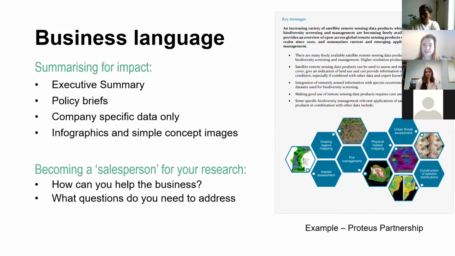So your findings may be very different if you have a mining company as to an infrastructure company. So just understanding where you want to influence, and going back to the start of this slide, where you're going to target is really important when you're writing these key messages.